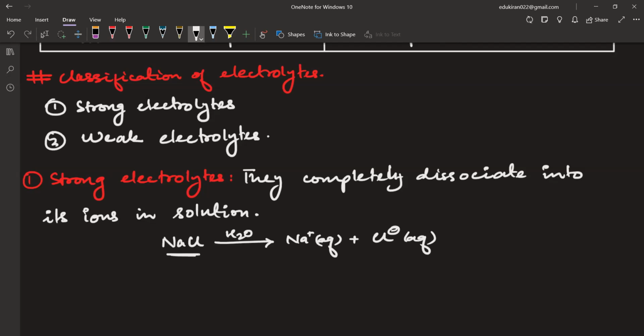The salt, as you see in its solid form, will not be present. That means all of it has dissociated into ions and they have been dissolved. Similarly, let me write some other examples. NaCl, KCl, HCl, NaOH.